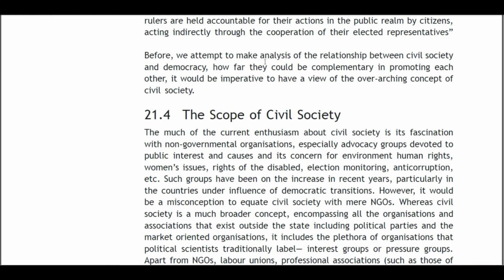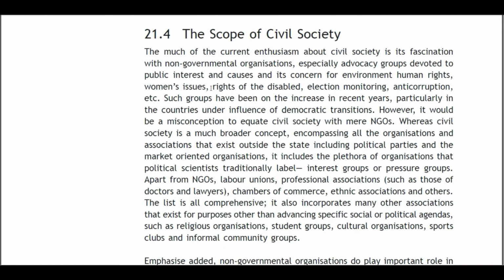Before we attempt to make analysis of the relationship between civil society and democracy, how far they could be complementary or promoting each other, it would be imperative to have a view of the overarching concept of civil society. 21.4 The scope of civil society.